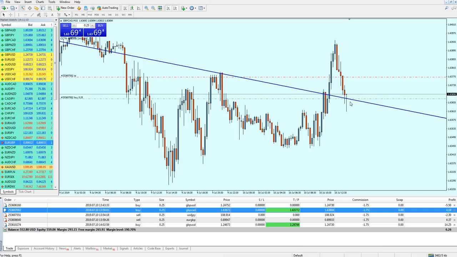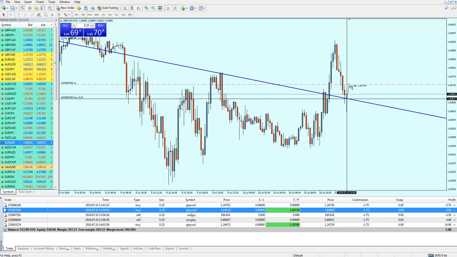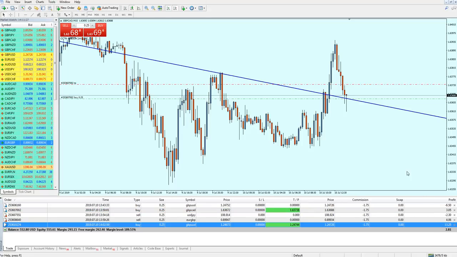This one still bouncing, and it's gonna reverse right now. I think I will just reduce the take profit to be let's make it 6 pips. That should be fine. Yeah, 6 pips, 7 pips actually. 7 pips, that's fine.